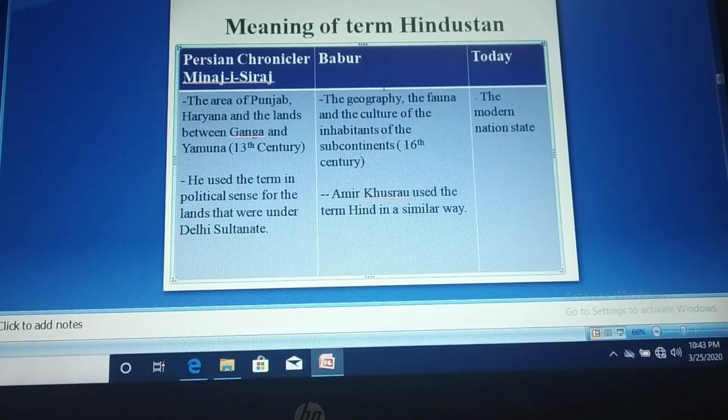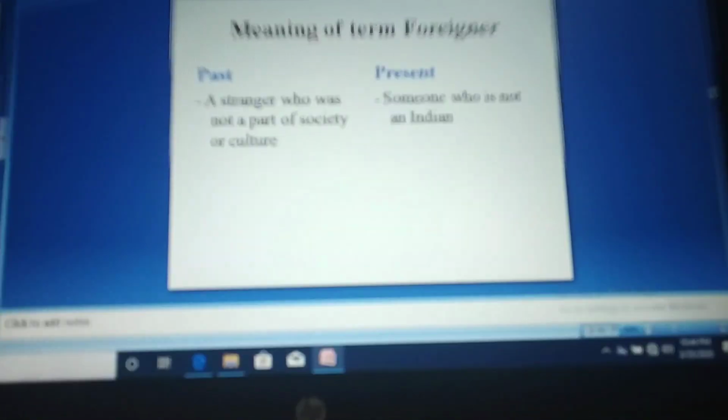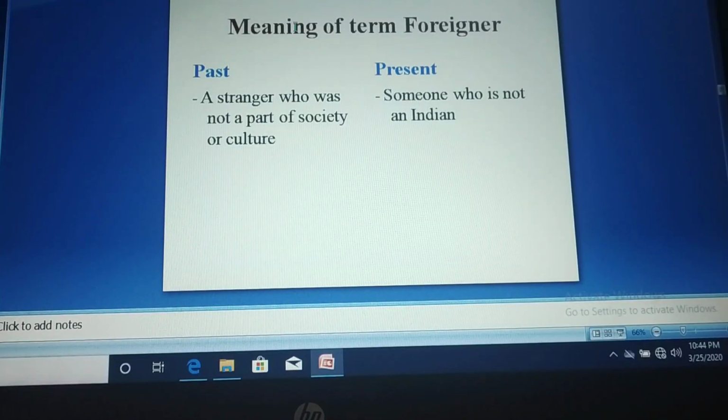In the same way, the word Hindustan had a different meaning for different people, and Babur used the term Hindustan in his autobiography, Tuzk-e-Babari. In that we see he has used the word Hindustan many times, but in a geographical sense.